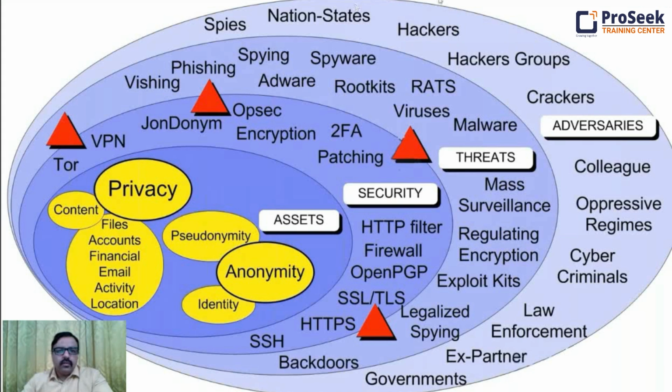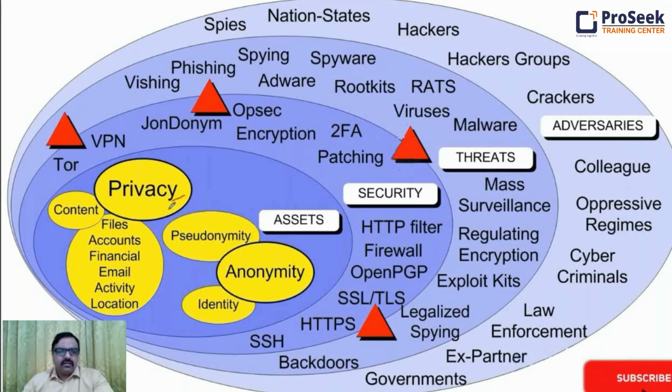Now, first of all, what you're seeing on the yellow part is your assets. These are the things, the reason why you want to implement security. For example, you want to have your privacy. That means whatever you do, no one else should know outside your organization.